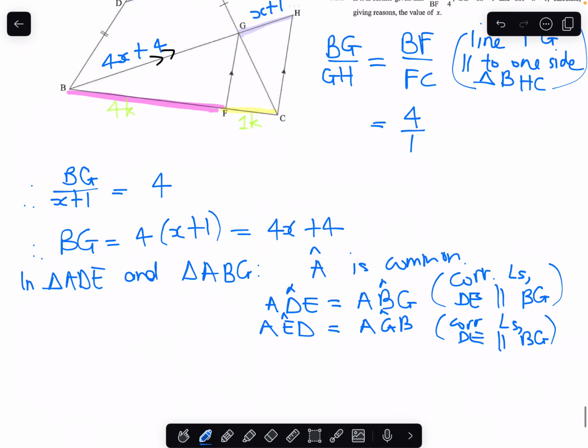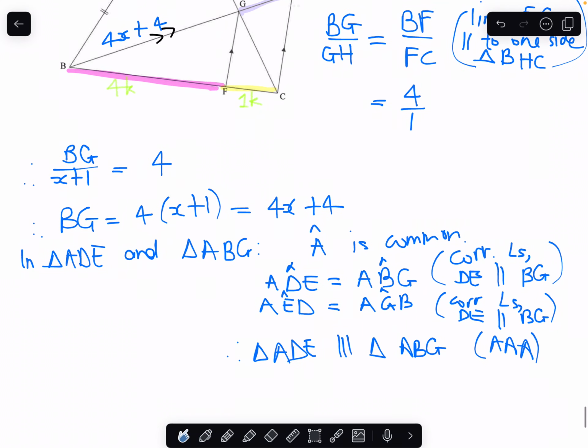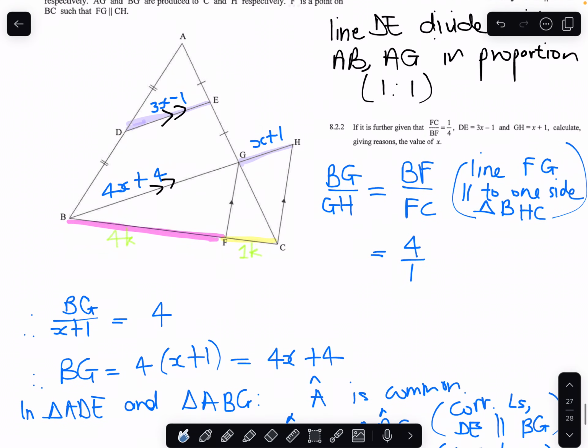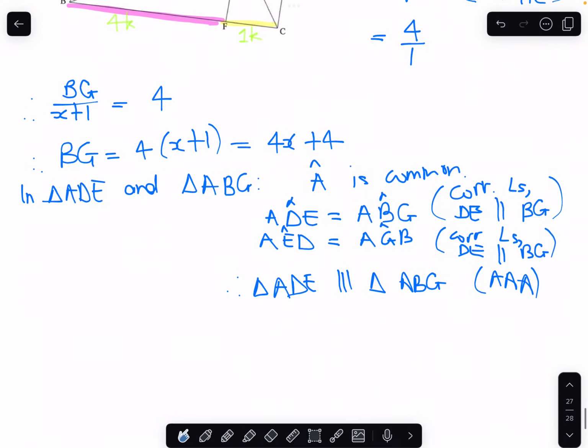Okay, so what does that tell us? That tells us that triangle ADE is similar to triangle ABG, because we've shown that their set of angles is the same. So now that means that AD over AB is equal to DE over BG. Which ones am I actually interested in?